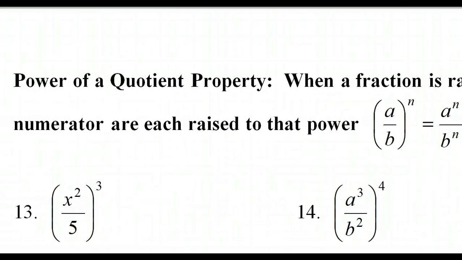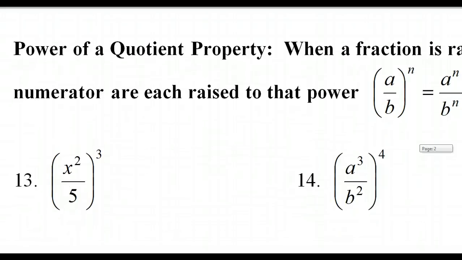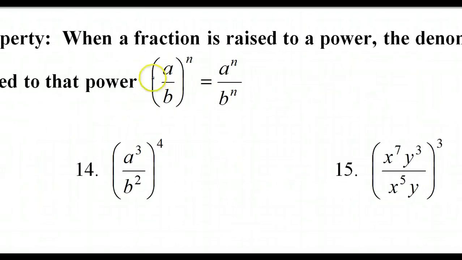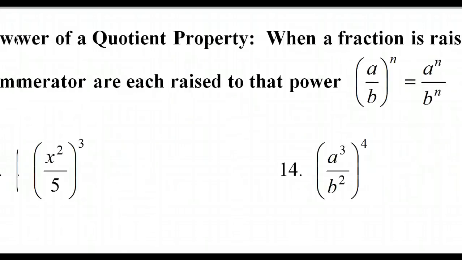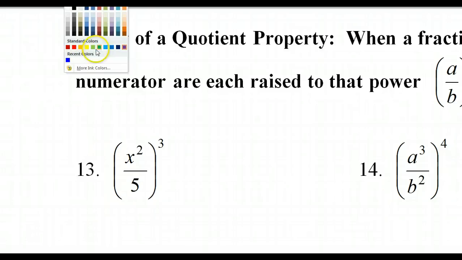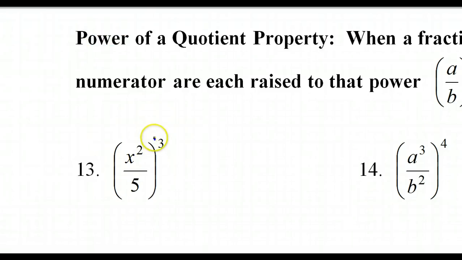So now, a few more powers. Let me pick up the pace a little bit. If I have the power of a quotient, I'm just going to wind up doing that power to the numerator and the denominator. Bam, bam. So in this case, I'm going to take this power of 3 and do it to the numerator and the denominator.